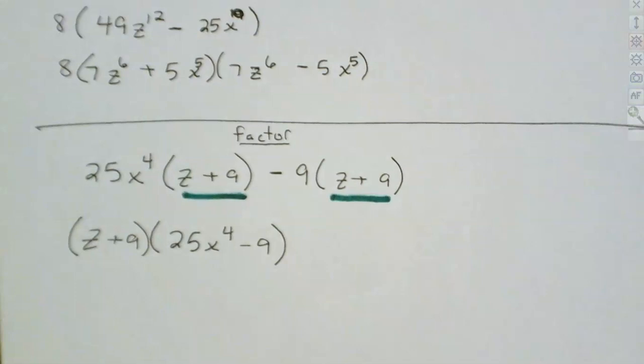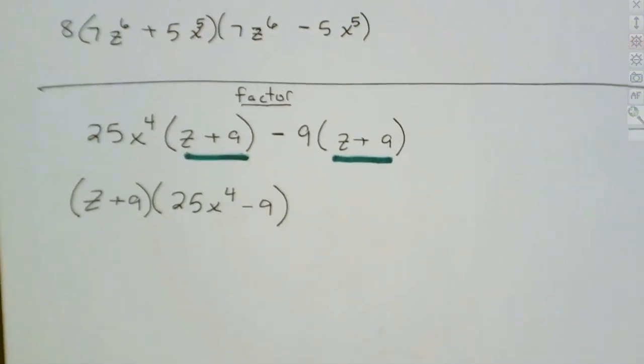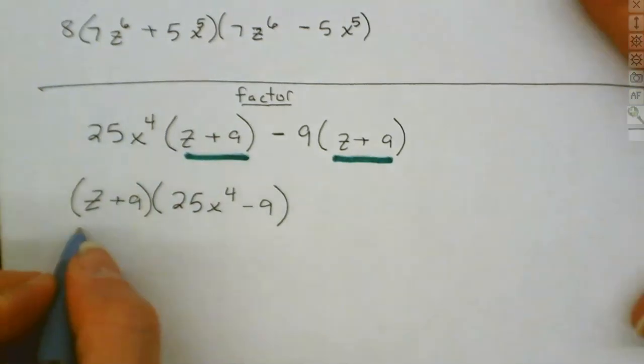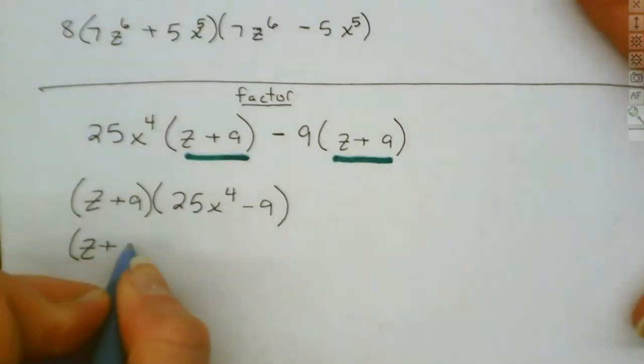Now, we are not completely done yet. Why are we not completely done? Because what about 25 and that 9? Those are perfect squares, right? It's got a negative in the middle, so it's a difference. So this can go again. Now the z plus 9 comes down.